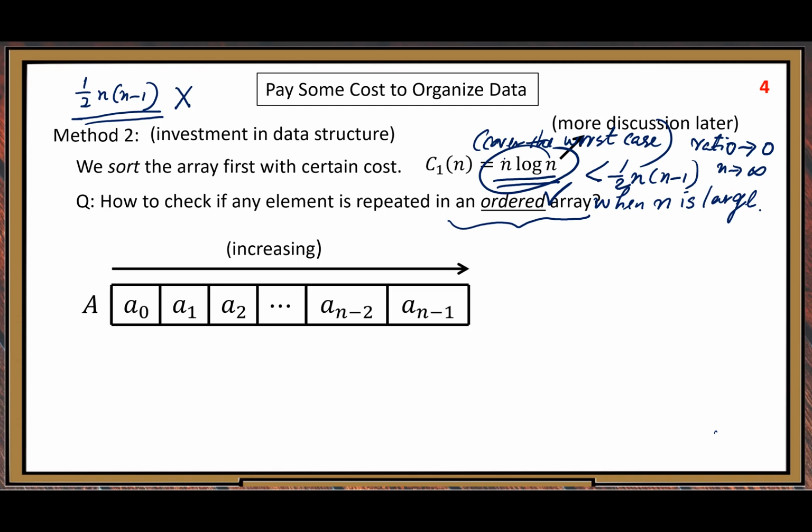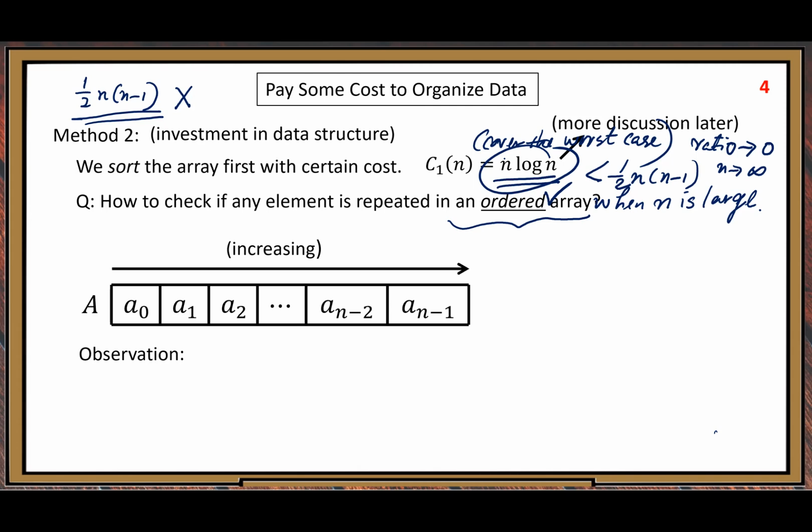So let's take a look. Now we can apply our duplicate checking step here. We assume we have an increasing ordered array.